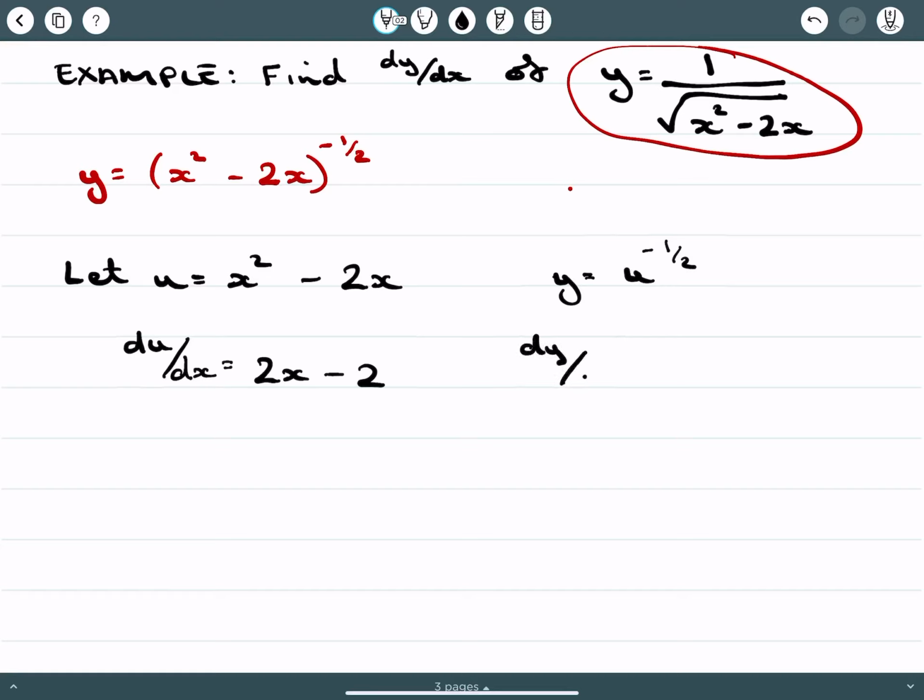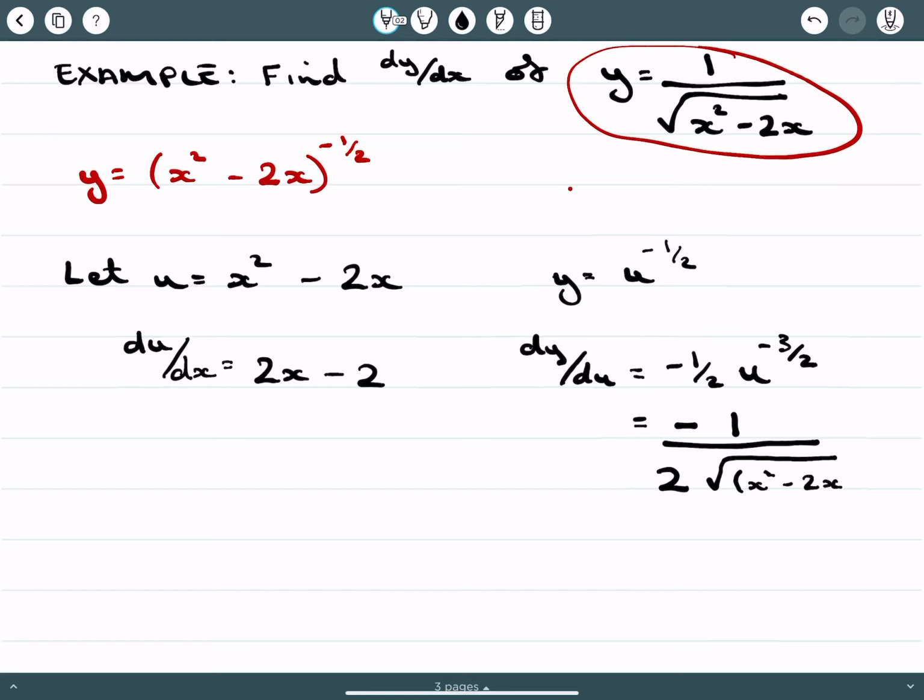dy/du: bring the power out the front, reduce the power by 1, so that's going to give us negative 3 on 2. And here what I might do is try to resolve dy/du in terms of this whole expression of u. So I'm going to write it as negative 1 on 2, square root of (x squared minus 2x) to the power of 3.